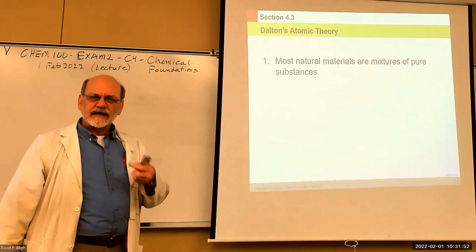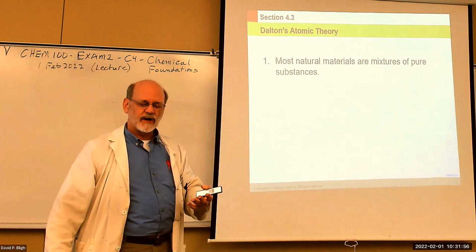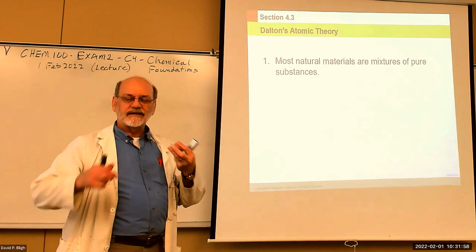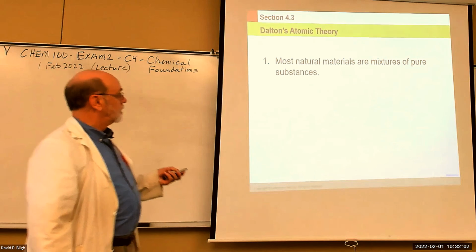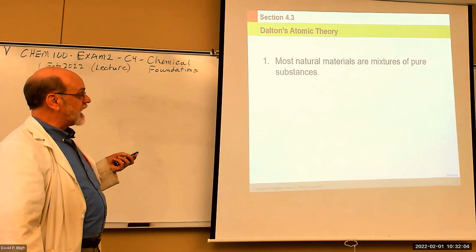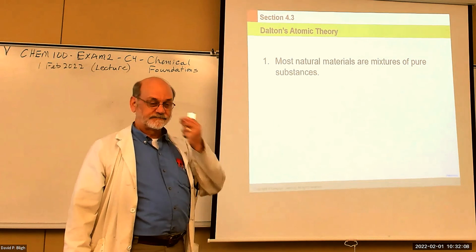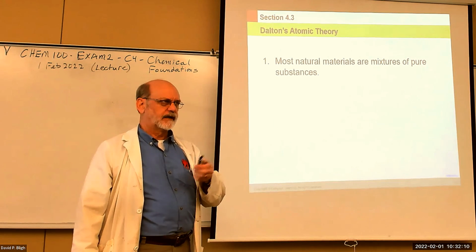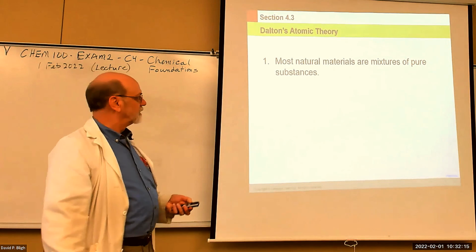So he needed some propositions, some postulates, if you will, that will define the limits of his theory. He said most natural materials are mixtures of pure substances. That's no great surprise, but it had to be said.